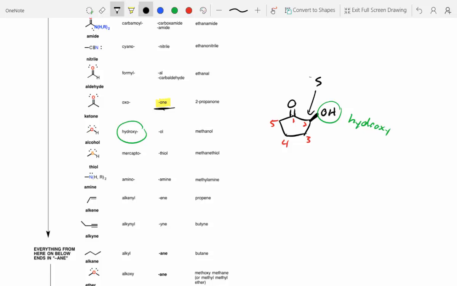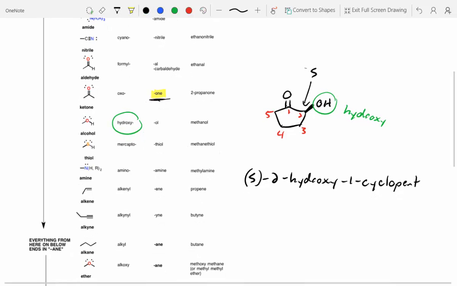S. So we could say S2-hydroxy. 1-cyclopent, because we've got that 5-membered ring, and -one. Does that make sense? So in this case, the hydroxy group's not treated as a priority.